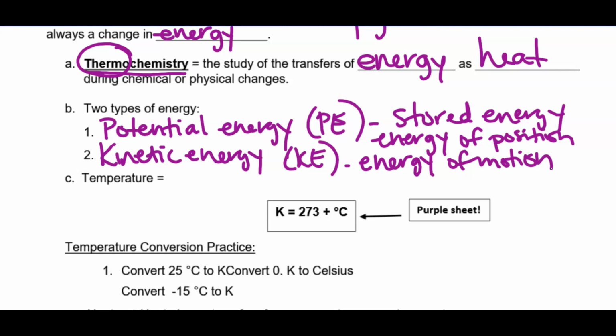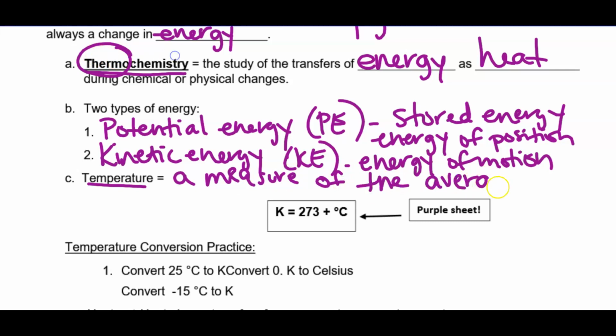So the way we measure the average kinetic energy of these particles is by their temperature, obviously using a thermometer. Temperature is nothing more than a measure of the average kinetic energy of particles.